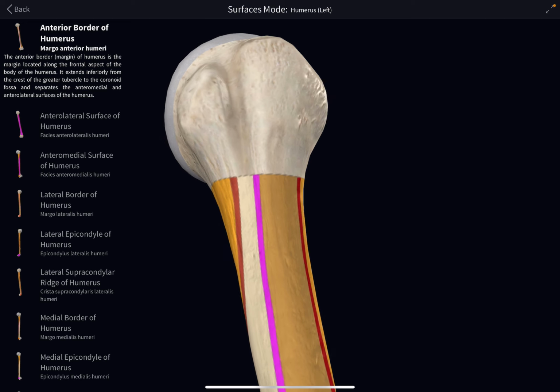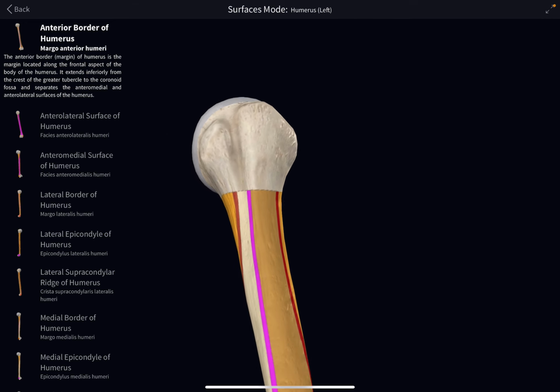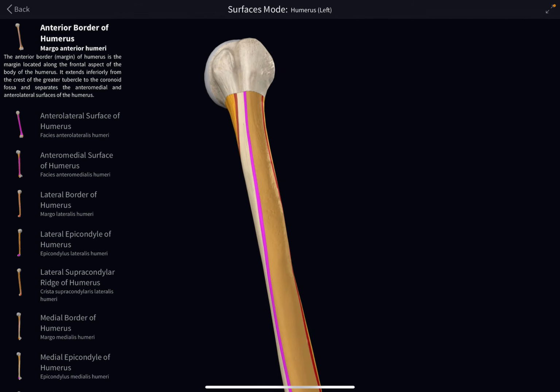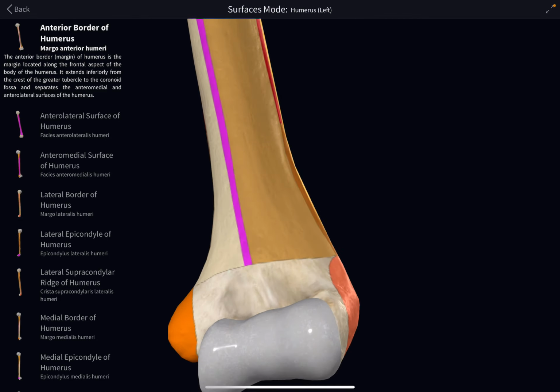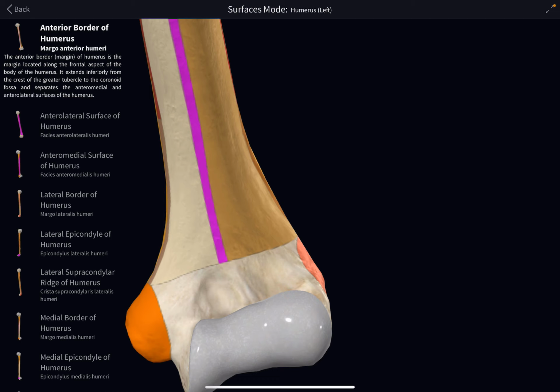From the anterior end of the greater tubercle, the anterior border extends downwards and ends in the lower end between two small depressions. The medial depression is the coronoid fossa and the lateral depression is the radial fossa. So we can clearly see that the anterior border ends in between the coronoid fossa and the radial fossa.